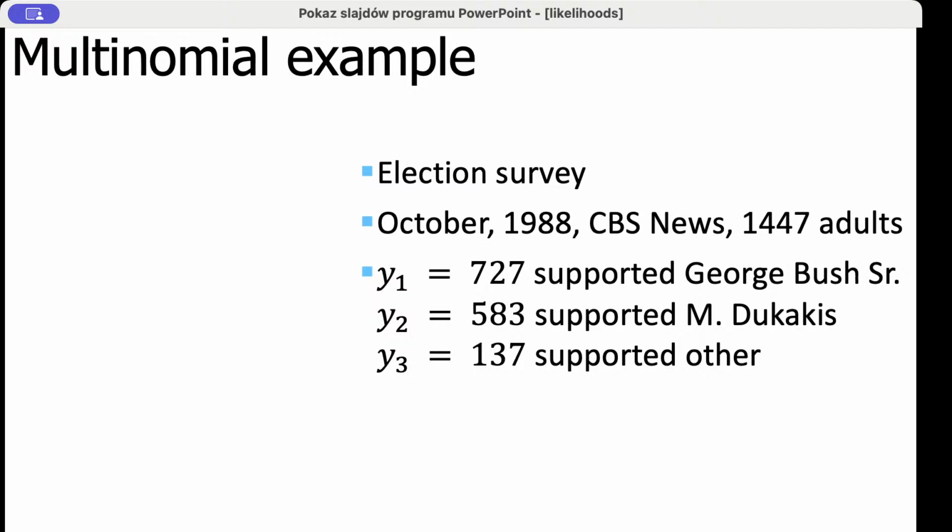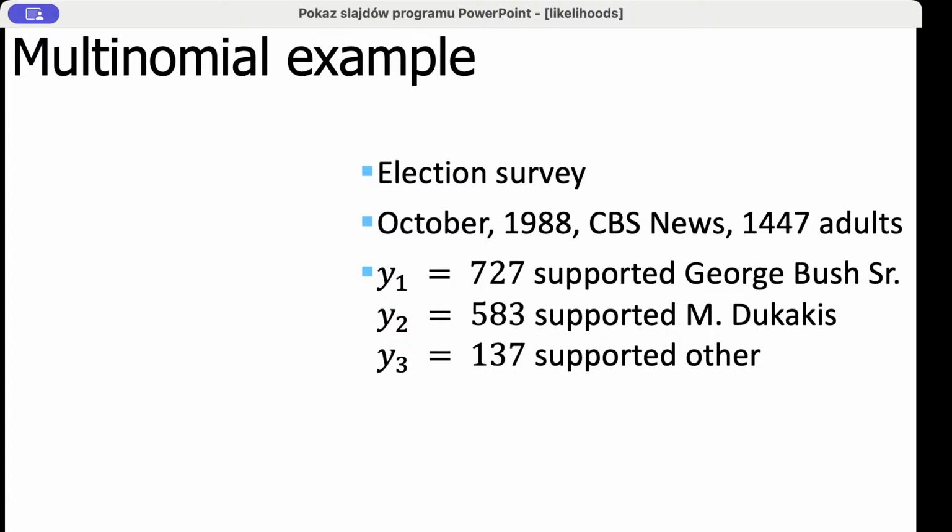One of the easy examples of multinomial distribution are election surveys, where we have multiple candidates and only one spot to win. So people will vote for one of the 3 options.